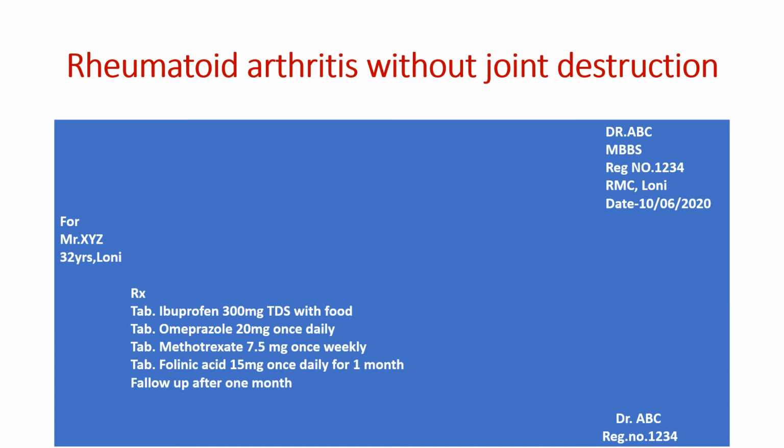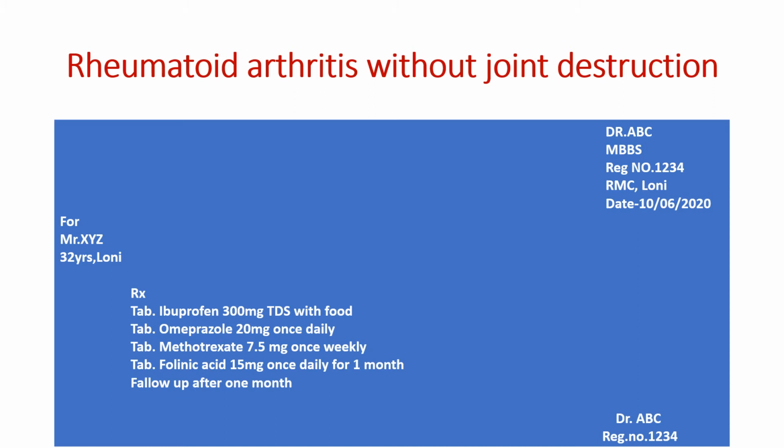The drugs given are tab ibuprofen 300 mg TDS with food, tab omeprazole 20 mg once daily, tab methotrexate 7.5 mg once weekly, tab folinic acid 50 mg once daily for 1 month, and follow up after 1 month.